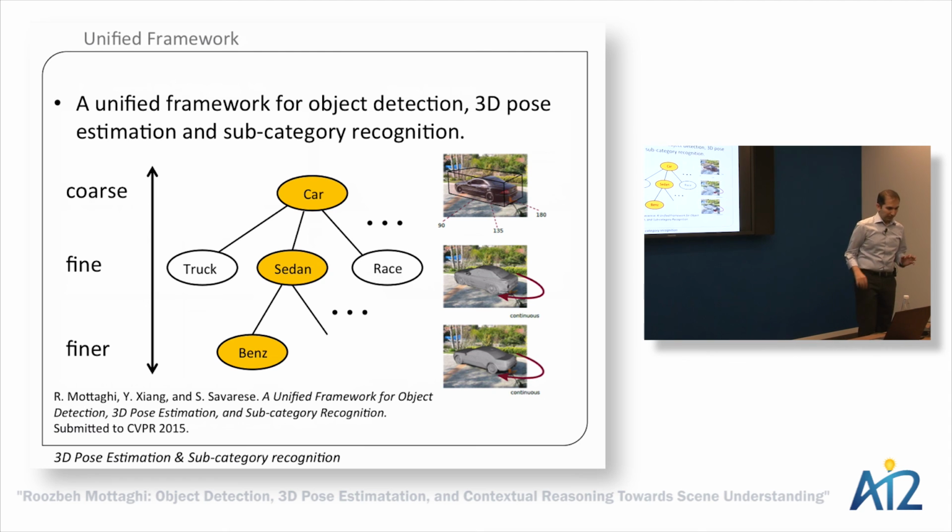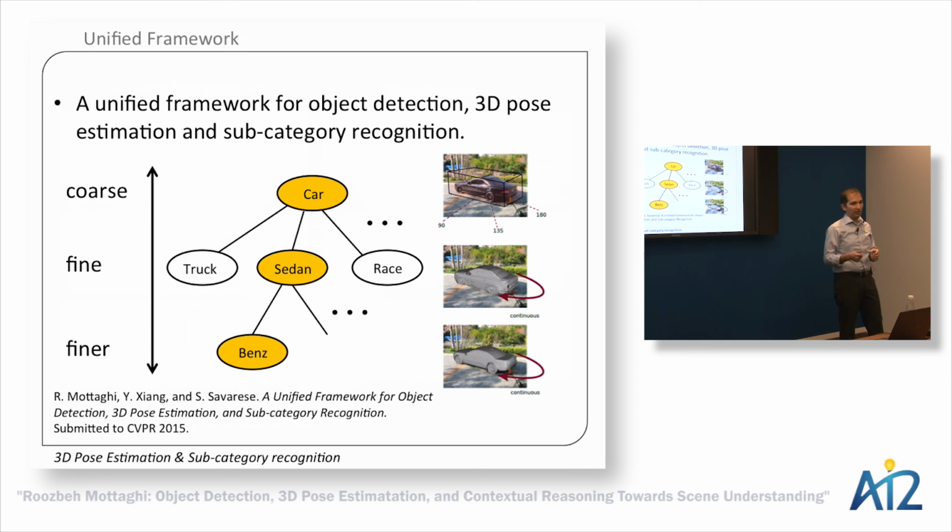Okay, so for example, sedans seen from a particular viewpoint form a very tight cluster in the feature space. If you have a side view of a sedan and a back view of a sedan, they're totally different. So they cannot belong to the same cluster if you do clustering on these images.